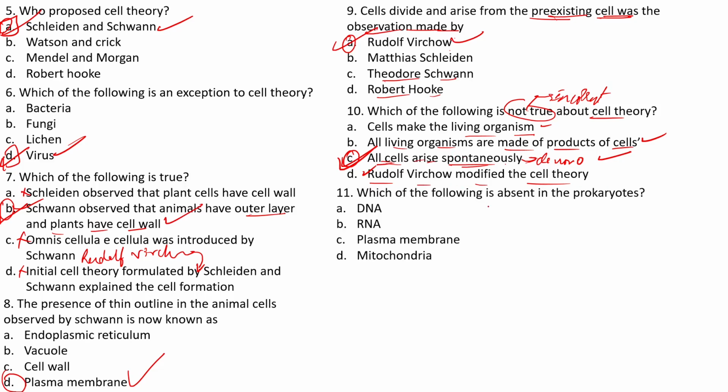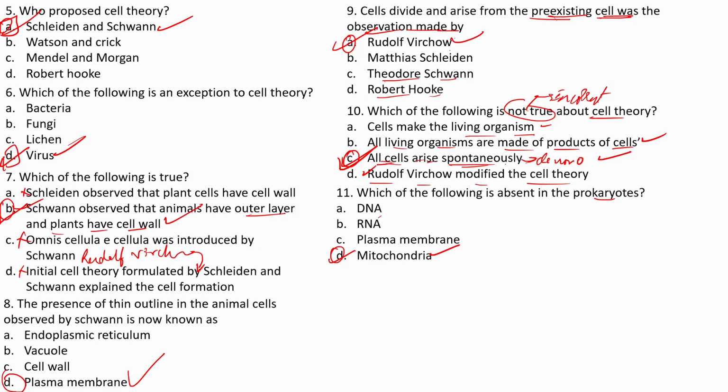Now, which of the following is absent in the prokaryotes? DNA, RNA, plasma membrane, mitochondria. The answer is mitochondria, right? Mitochondria is a membrane-bound organelle that is exclusively found in eukaryotes.